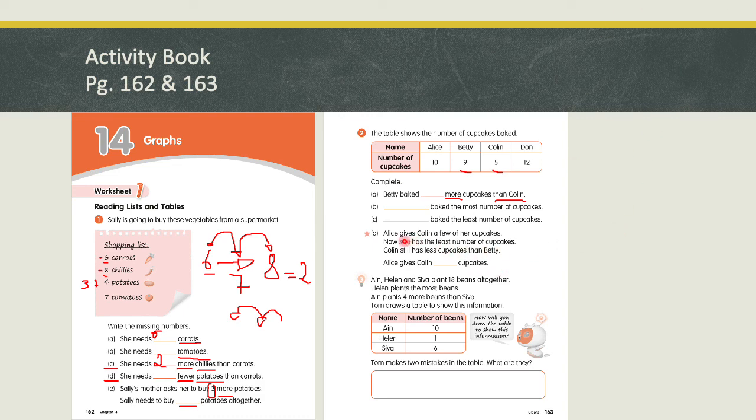So one more time. Alice gives Colin a few of her cupcakes. Now she has the least number of cupcakes, meaning the smallest one. So between Colin and Alice, Alice has to give him a few so that he has more. How many will she give him?